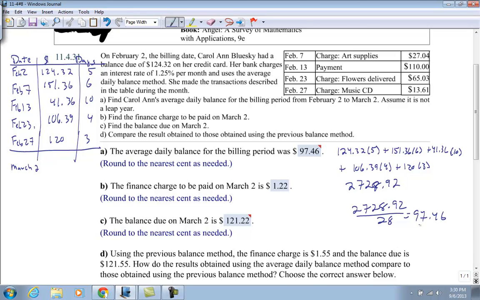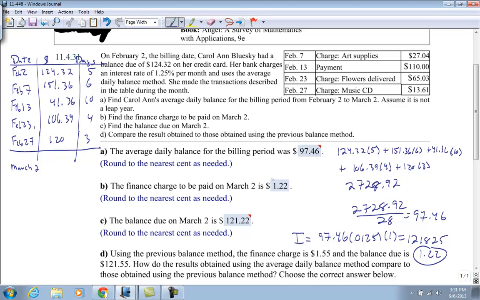So the finance charge to be paid on March 2nd is what? It's going to be 1.25% per month, so interest equals 97.46 times 0.0125 times 1 month. I get 1.21825, so 1.22.